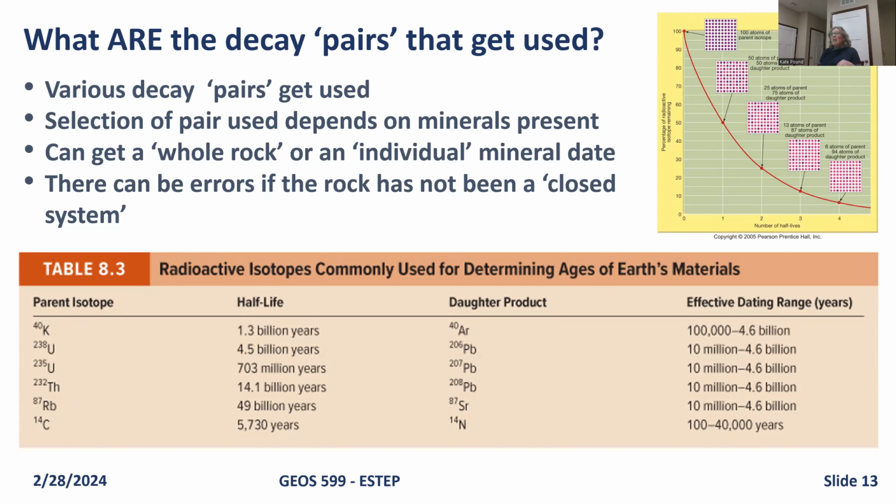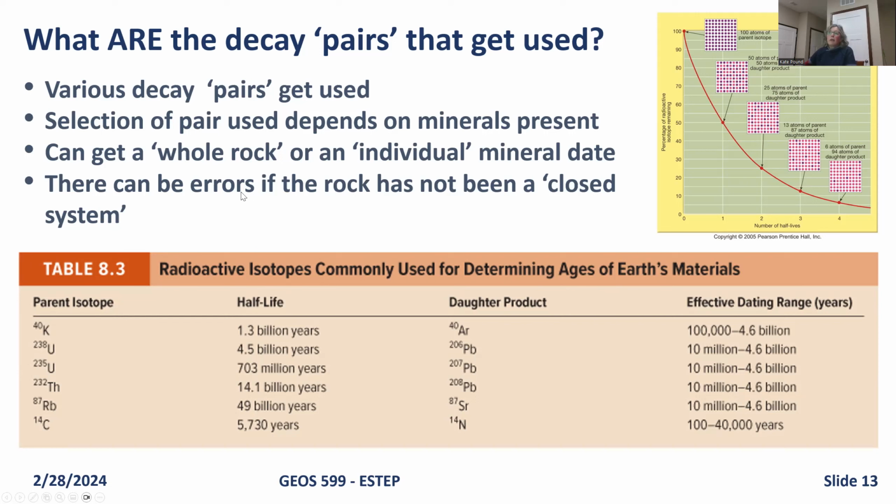We can either just get a whole rock age, basically crush up the entire rock and get the chemical information we need. Or we have to do something really painstaking, which is crush up the rock, separate out individual minerals, and do the geochemical analyses from individual minerals.